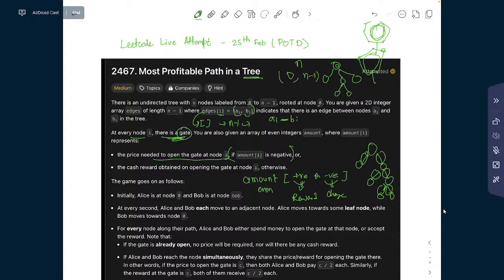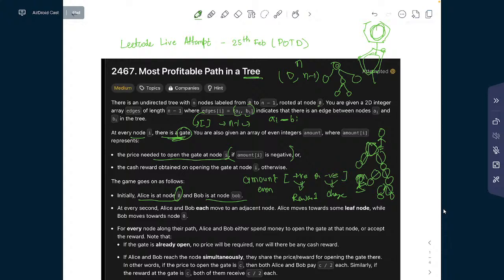There is a game. Initially, Alice is at node 0 and Bob is at node bob. Right, so Alice is somewhere here, she is here only, and Bob is somewhere here, right?